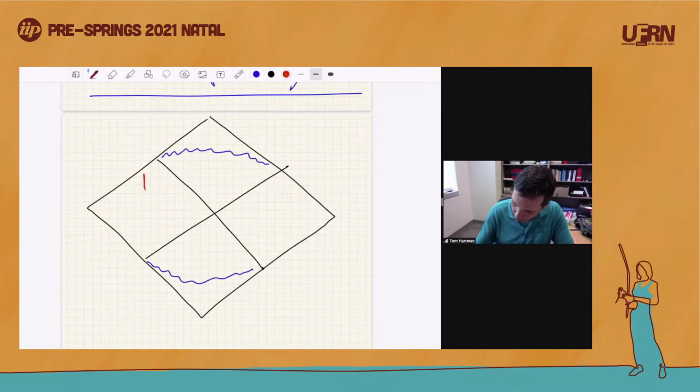We have region R, which is the union of these two regions over here. And let's give these endpoints names. We'll call them x1 and x2. These are the same coordinates x minus and x plus that I was using yesterday.